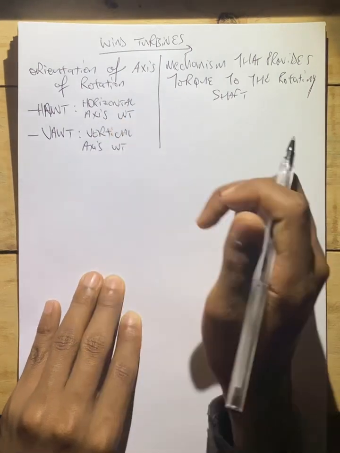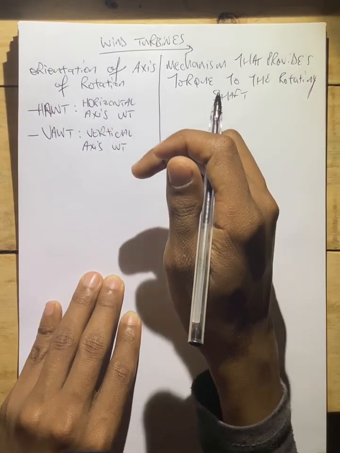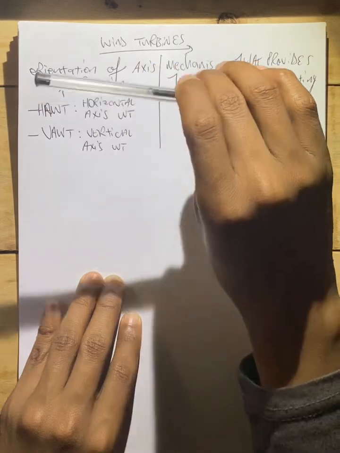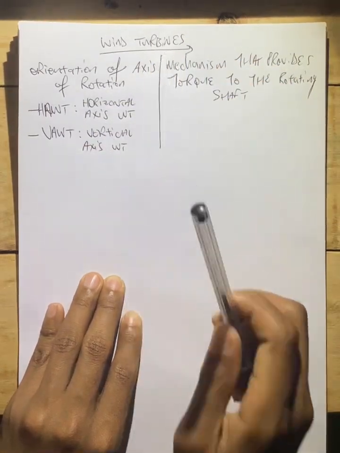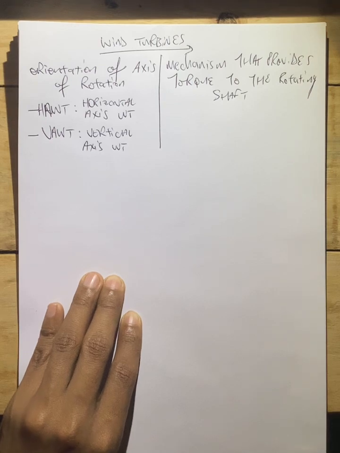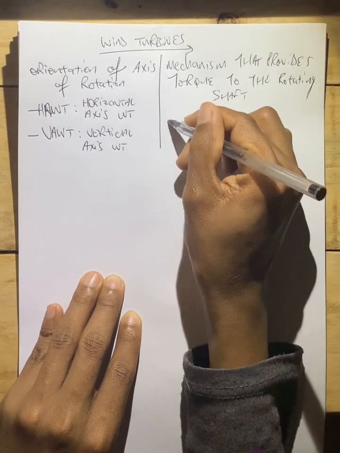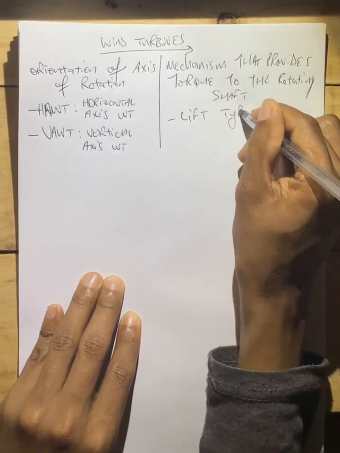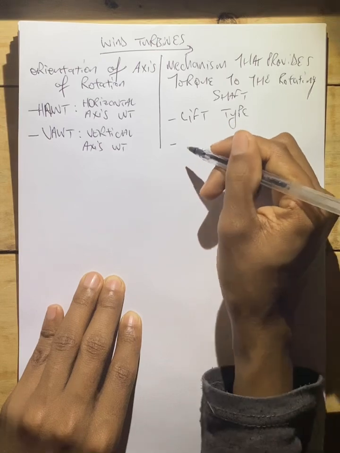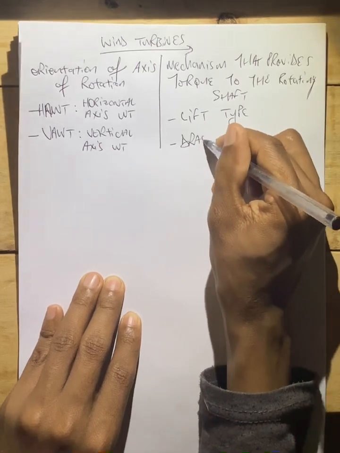In this case, we know there's horizontal axis and we know there's vertical axis, but when it comes to the mechanism that is providing torque to the rotating shaft, there's what we call lift type, and then there's what we call drag type.